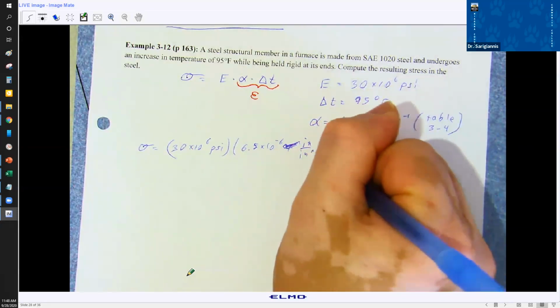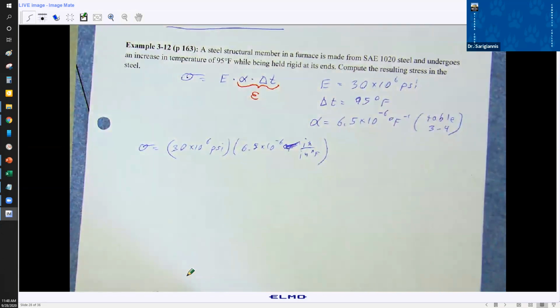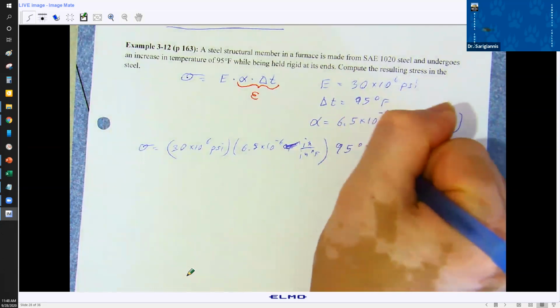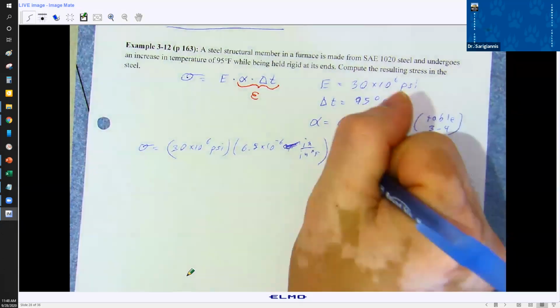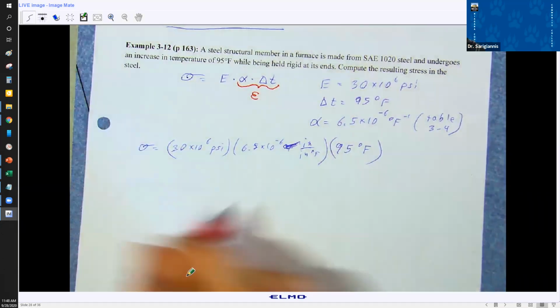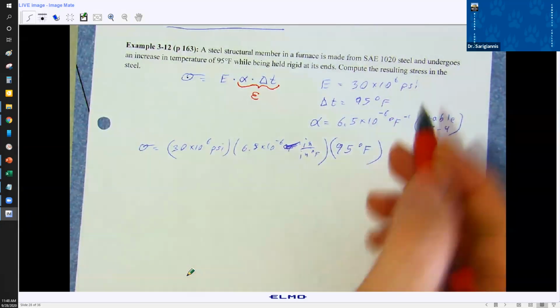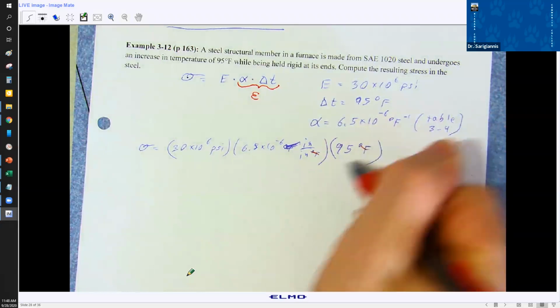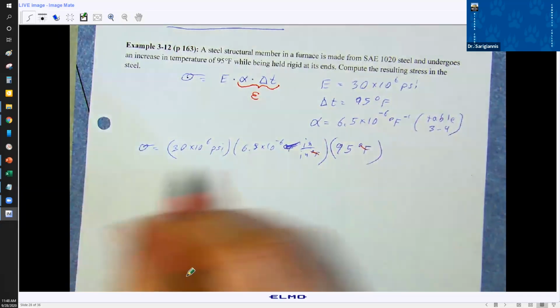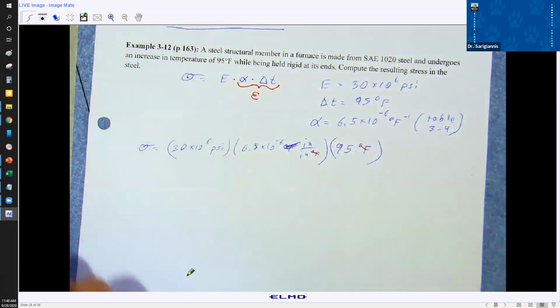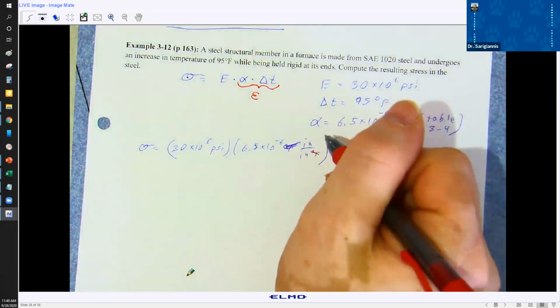And then you've got 95 degrees F. This time you were just given the temperature change, 95 degrees F. Notice the Fahrenheit cancels, and the pounds per square inch gives you a cancellation as well.